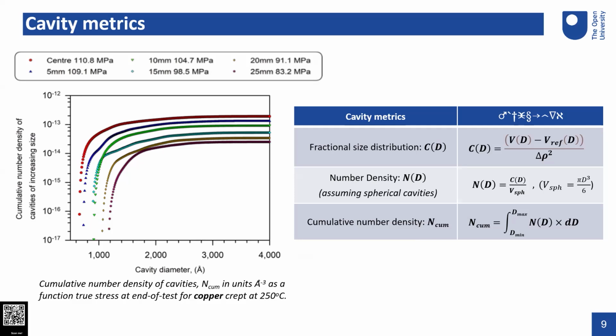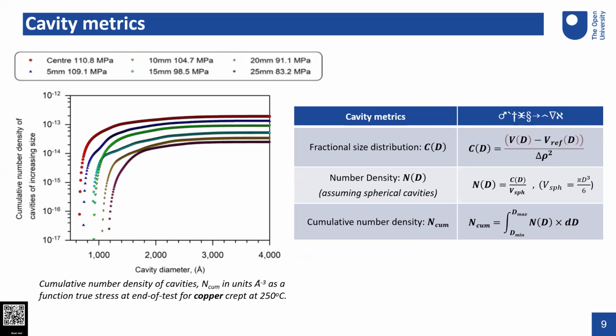If you focus on one of the curves, for example the highest stress with the red dot, you can see that at constant stress, the number density of cavities is increasing.